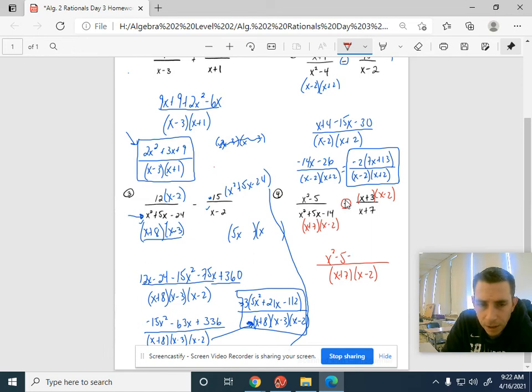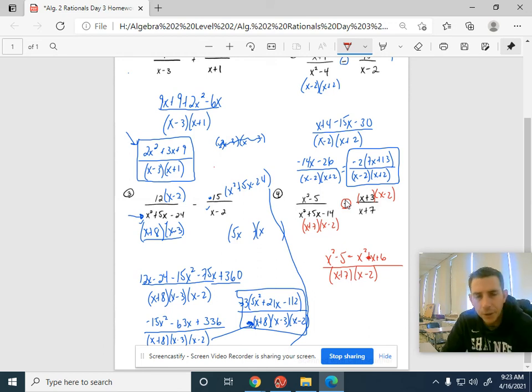So if I FOIL those out, I should get x squared plus x minus 6. And now if I want, I can distribute that negative, and just to save some space, I'll take away these parentheses. Right? And distributing the negative, it's going to be a negative x squared, a positive 6, and this should just be a negative x now.